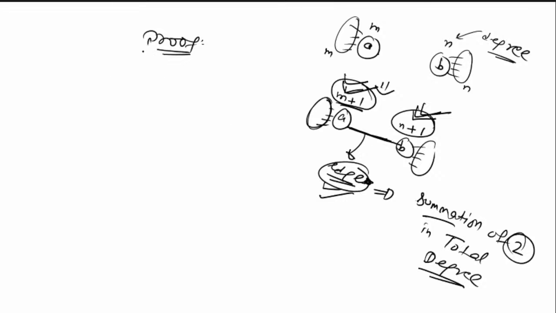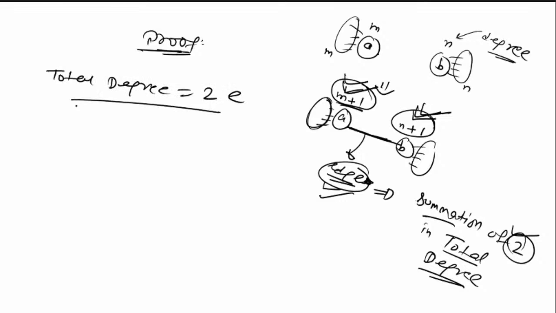Now you can very easily say that this is the proof: every edge will contribute a summation of 2 in the total degree. So that's why the total degree will be equal to twice the number of edges.